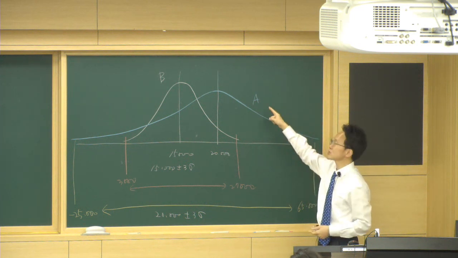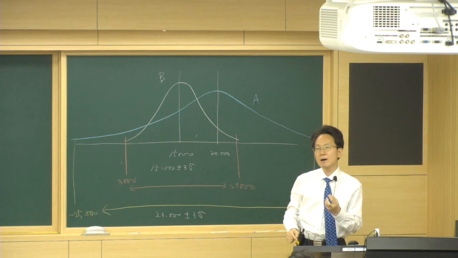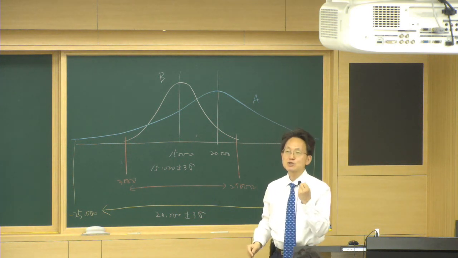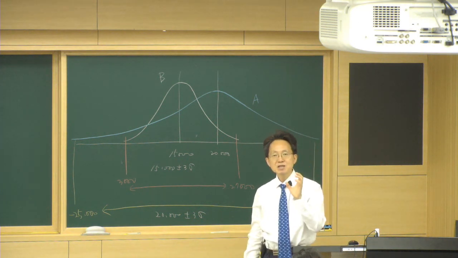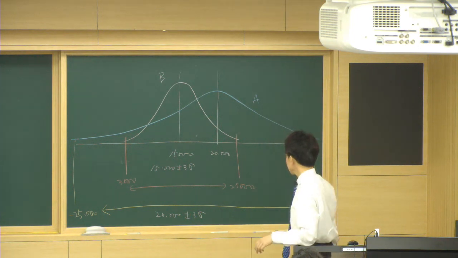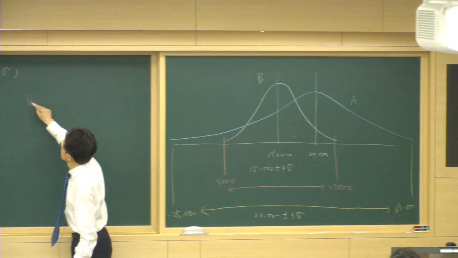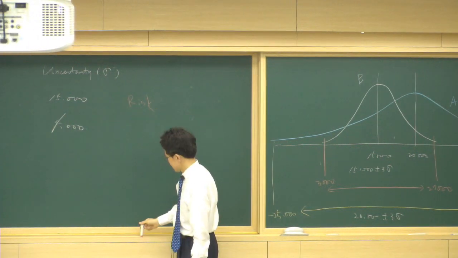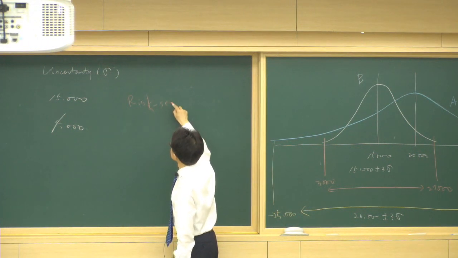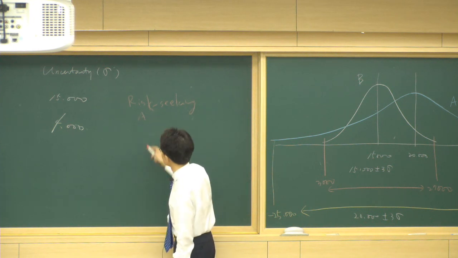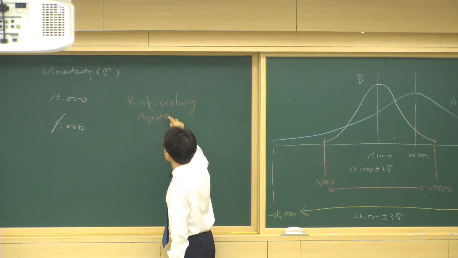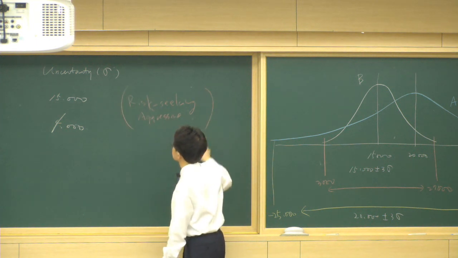If you want to choose A, you probably are an aggressive decision maker, risk seeker. Okay? For example, we call that risk seeking, or sometimes we call that very aggressive decision maker.